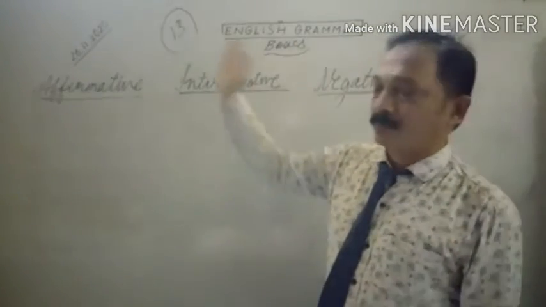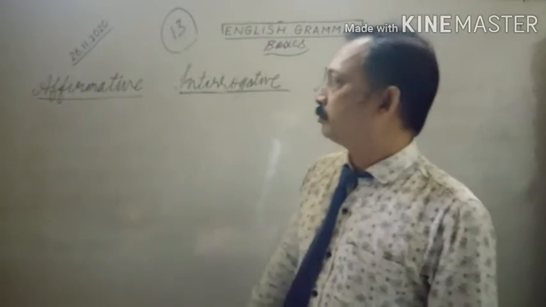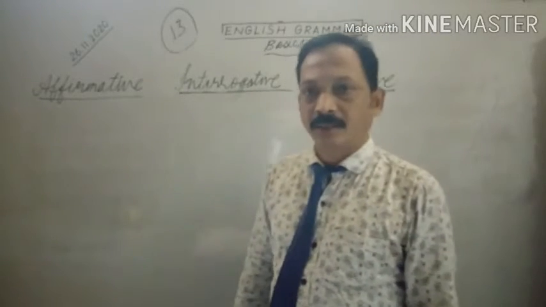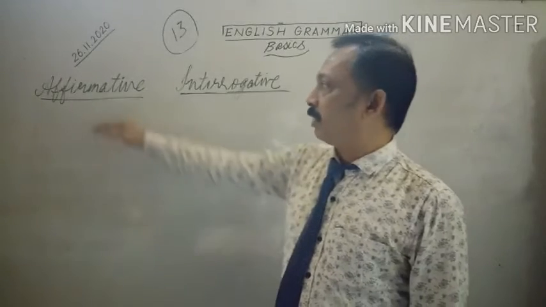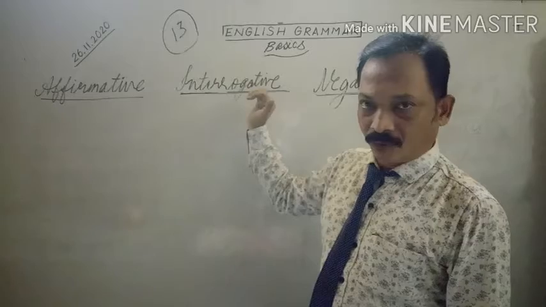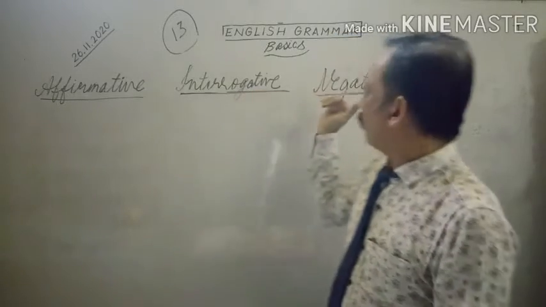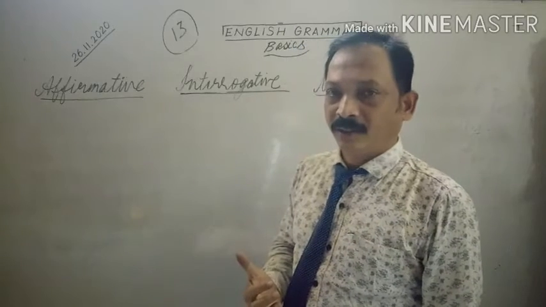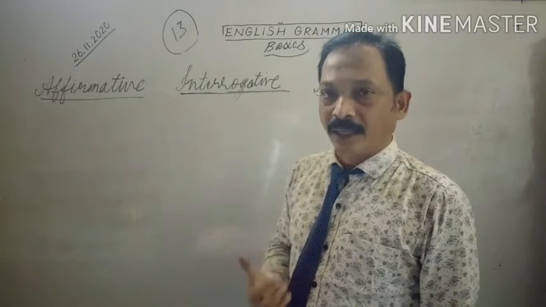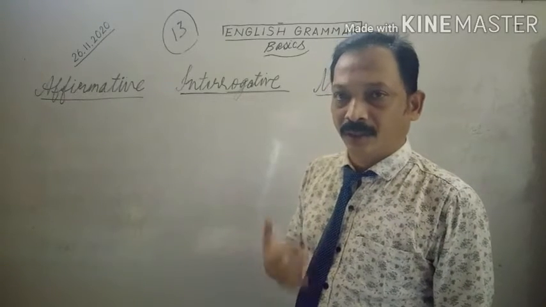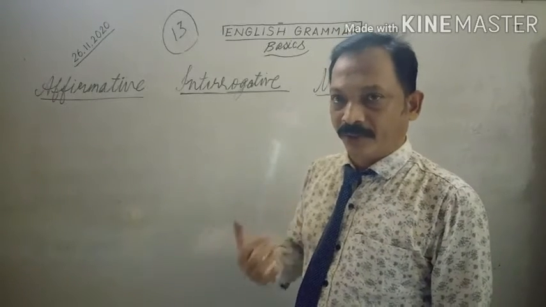English Grammar Basics Part 13, Affirmative, Interrogative and Negative. In the last class, we saw how to change an affirmative sentence into an interrogative or a negative sentence, wherein the forms of be and have are the verbs, either main verbs or auxiliary verbs.